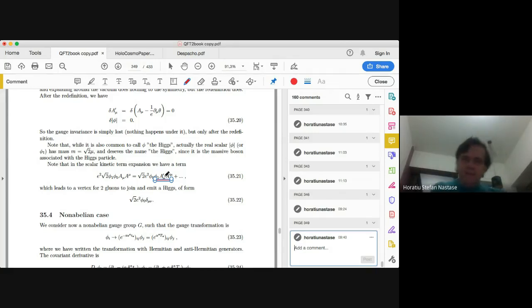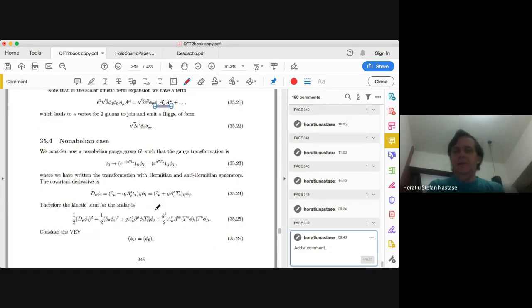It's a massive particle that we observe. So this is a vertex for two gluons to join and emit a Higgs boson. And the vertex is square root 2 e squared phi 0 delta mu.